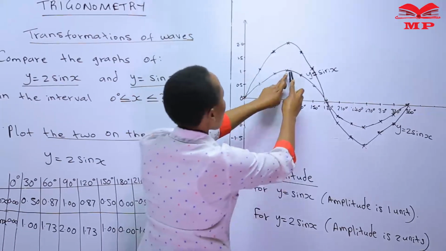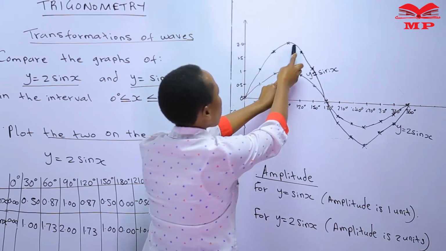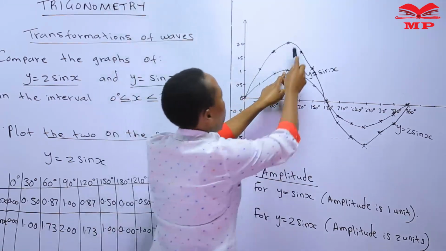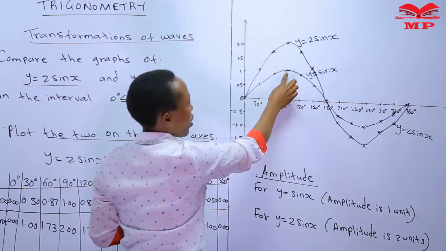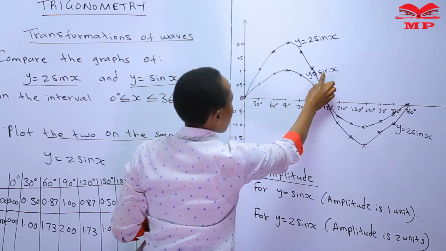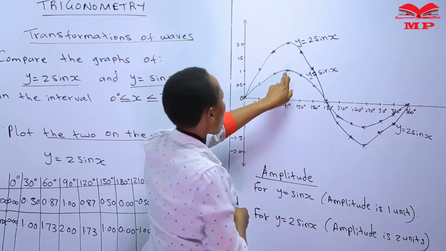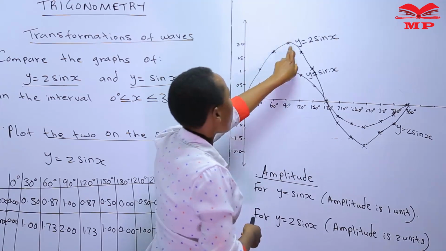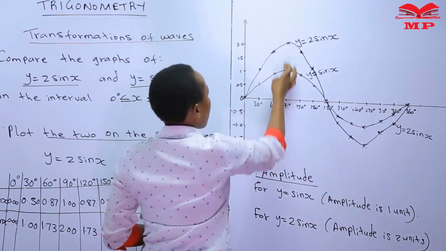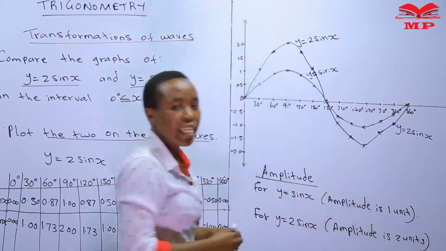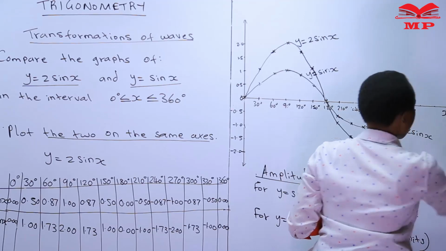But for this one, it is at 1, while for y is equal to 2 sine x it is at 2. Therefore to obtain y is equal to 2 sine x, we stretch y is equal to sine x by the scale factor 2. The scale factor here is 2 because this is 1, and when we want to get 2, we are multiplying 1 by 2. So we stretch it by the scale factor 2, parallel to the y-axis with the x-axis invariant. The x-axis is not varying.